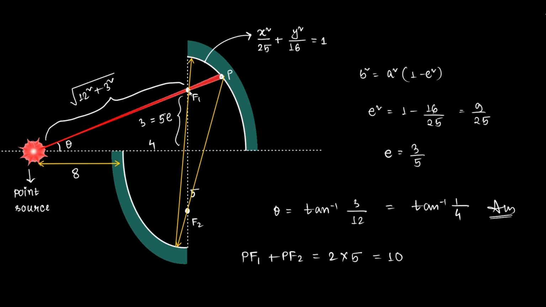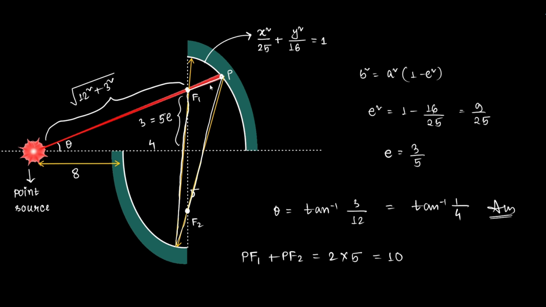So this distance up to here is twice the semi-major axis, that is 10. Again this length up to this length is also 10.